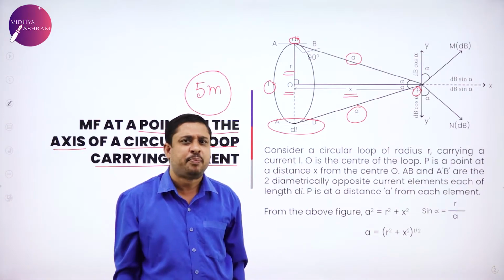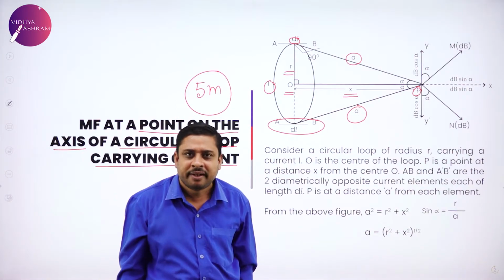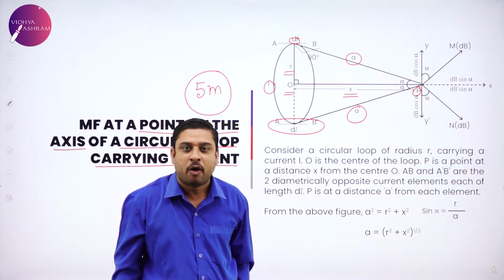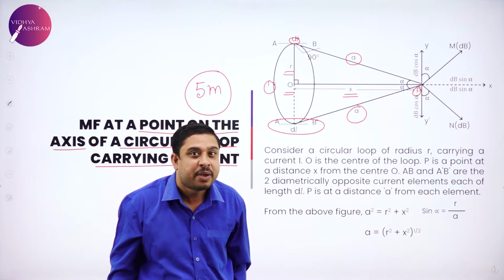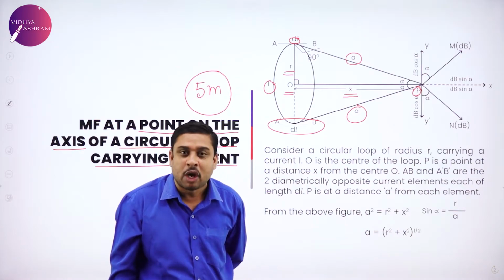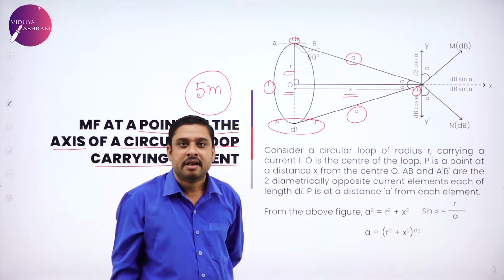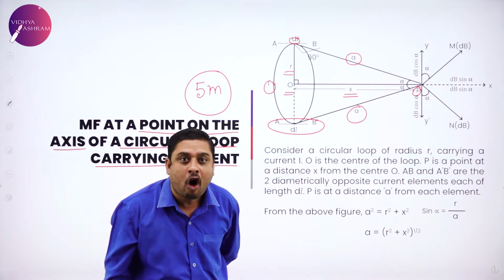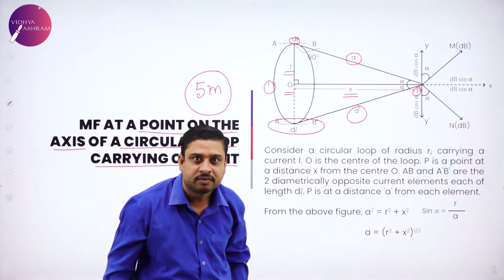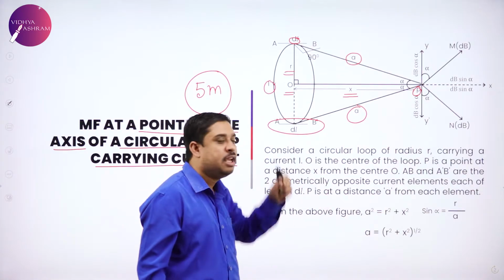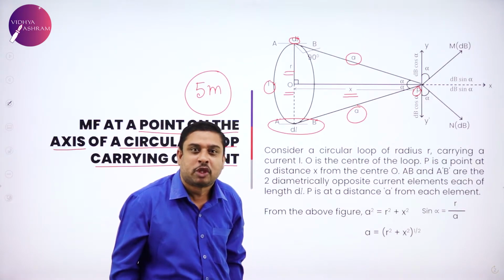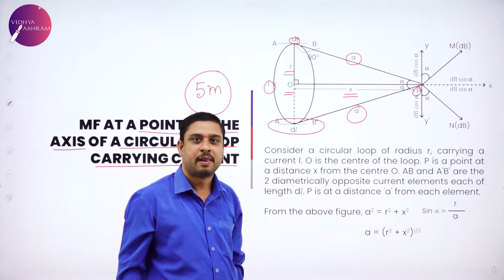So, very simple is my assumption. Dear students, what kind of shape is there here? It is a circular loop, circular coil whose radius is R. I is the current which flows through the conductor.